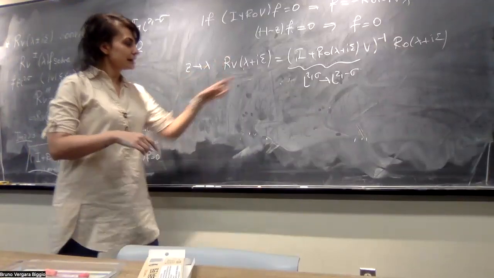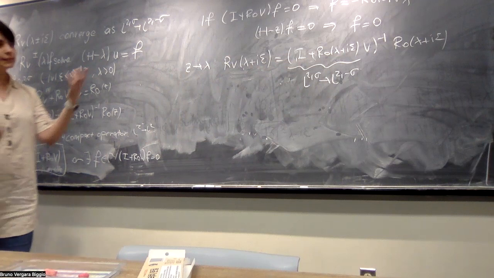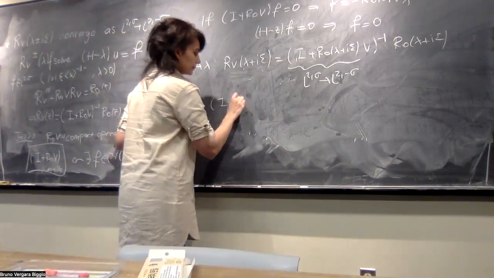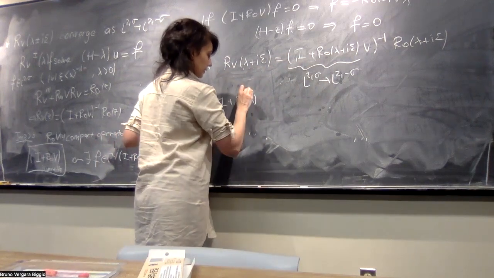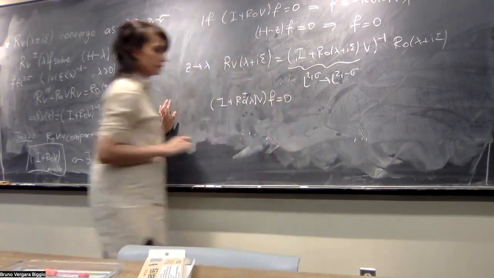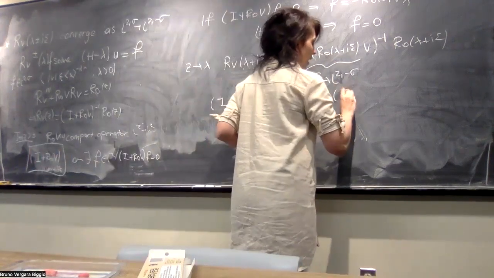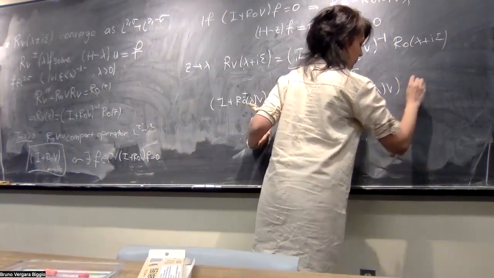So in particular, either I'm going to be again invertible, or I'm going to have a solution: I plus R0 lambda V F is going to be equal to 0. Either, or I plus R0 lambda V will be invertible.